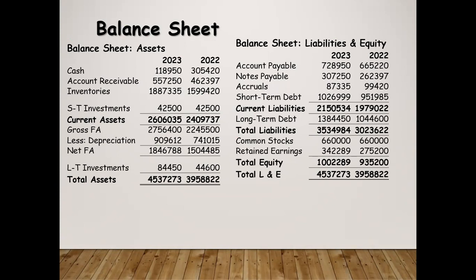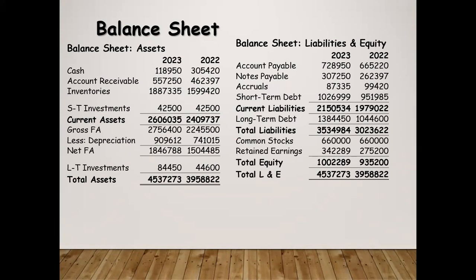Now, on the other side, we have liabilities plus equity. Current liabilities include accounts payable, notes payable, accruals, short-term debt. And we have long-term debt. The sum of current liabilities and non-current liabilities is equal to total liabilities.